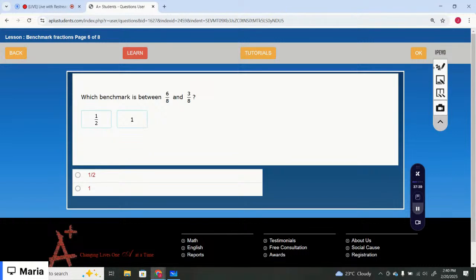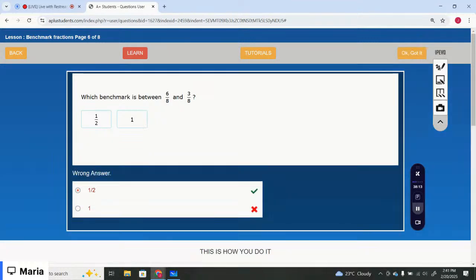So 6 by 8 is greater than 1, so the benchmark between 6 by 8 and 3 by 8 is 1. Why half? Which benchmark is between 6 by 8 and 3 by 8? That is 1. Option 2 is the correct option.